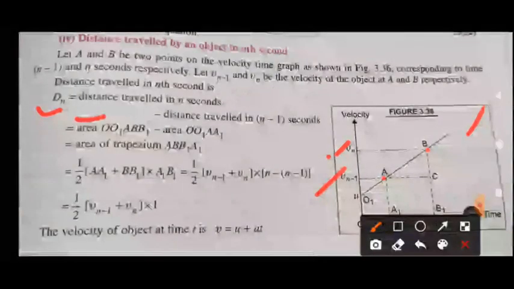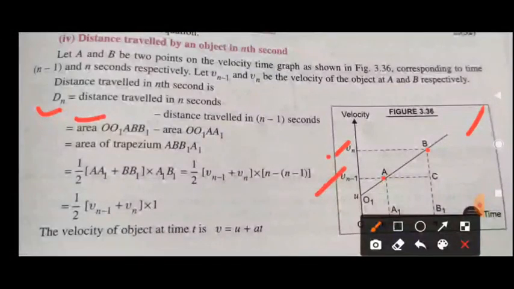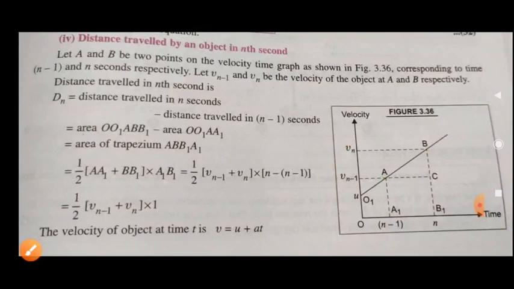So what is O1? If I remove this, you can easily find on the graph what O1 and AB, B1 are. Here that is the area covered in n seconds minus the area covered in n-1 seconds. For n-1 it will be O1 A1, simple.